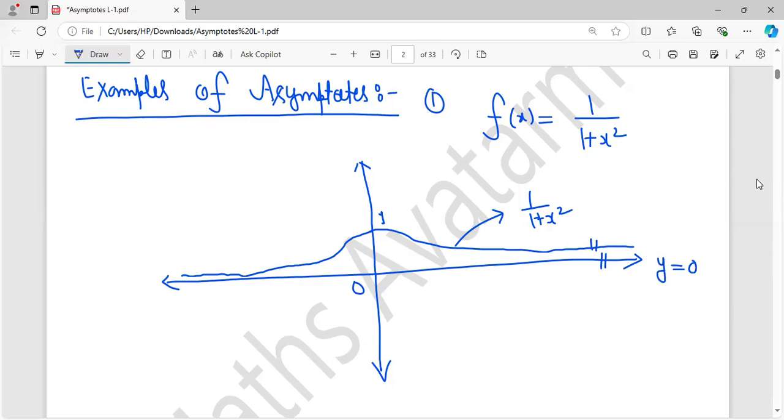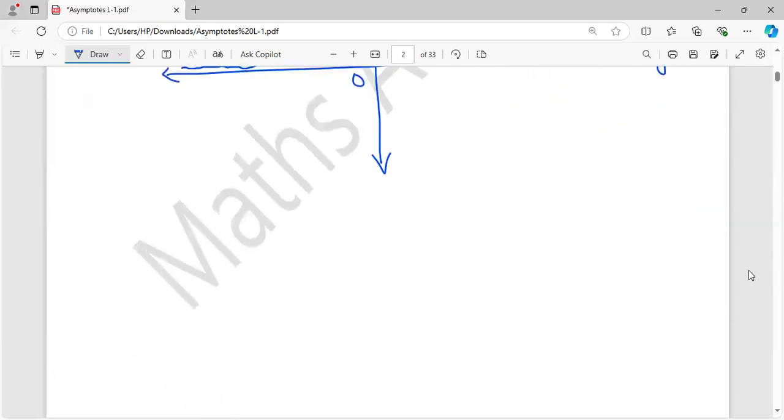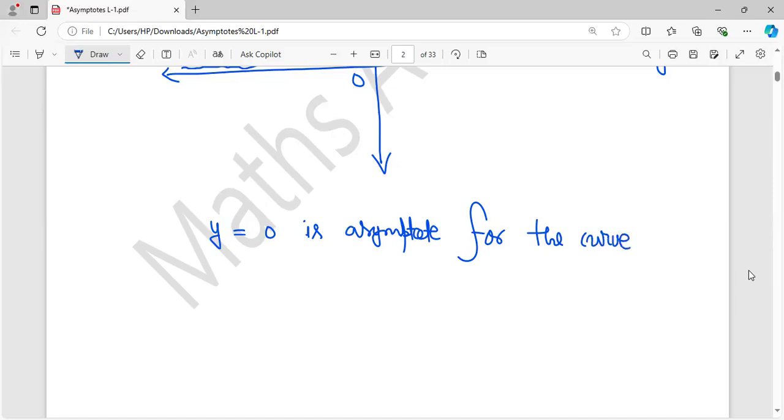So therefore, y is equal to 0 is an asymptote for the curve of the function f(x) is equal to 1 upon 1 plus x square.